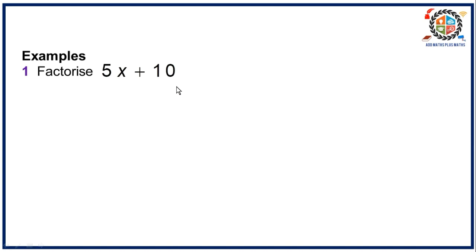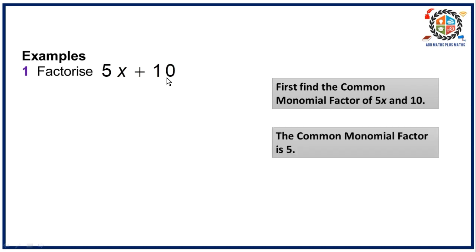So we can only think of a number that we can divide to these two terms. So what is that number? I can divide 5 because 5x can be divided by 5 and 10 can also be divided by 5. And when you think of a number, you make sure that it is the highest number that you can divide to both 5x and 10. So 5 is the common monomial factor.